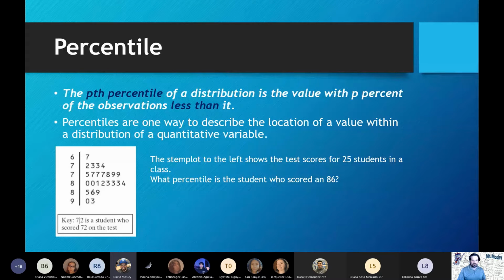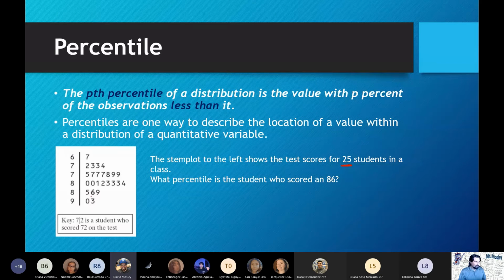All right, so let's look at our data. In this stem plot, we have 25 students represented, or 25 observations, 25 data points. We're looking at the student who scored an 86.